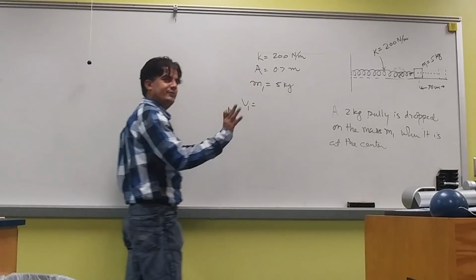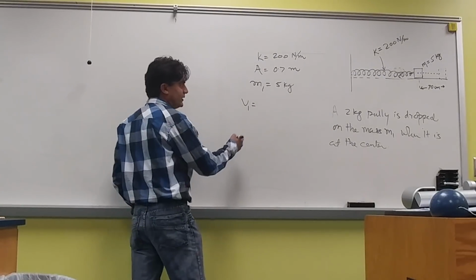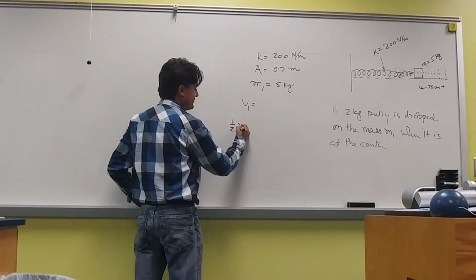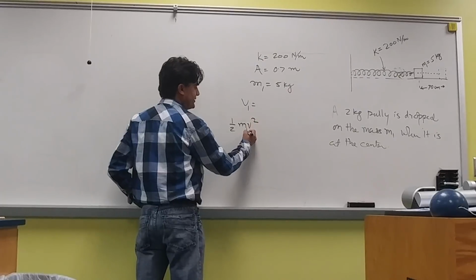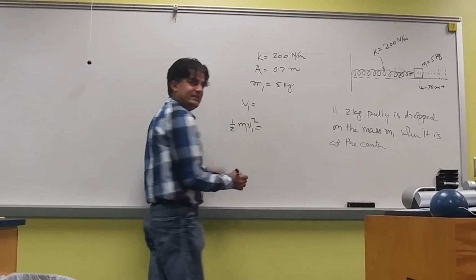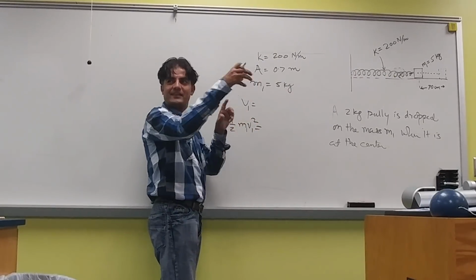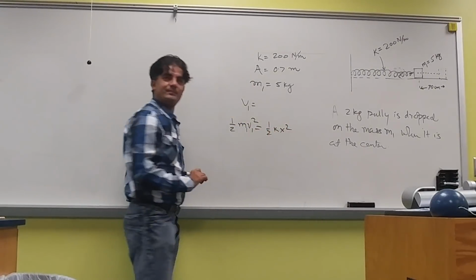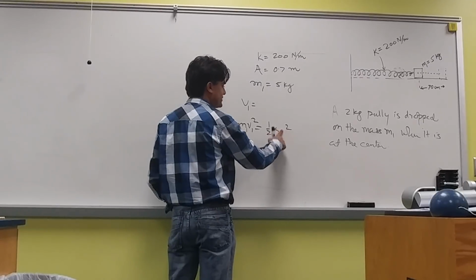I'll give you a clue. At the center, your 1/2 mass times velocity squared will be the same as the potential energy at the end, which is 1/2 k A squared.